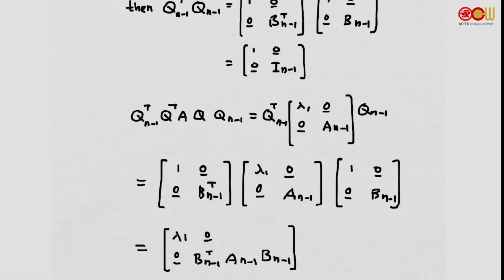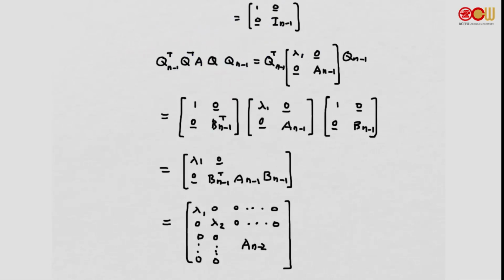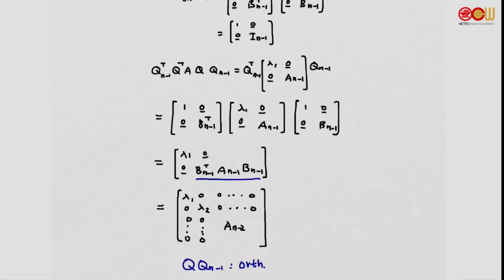So if we multiply it out, we get lambda 1 here, and now at the bottom right corner we get the product of these three sitting here. We already know what these three together would be. It's this one. We plug it in, then this matrix here would now be replaced by lambda 2, 0, 0, 0, 0, 0 on this side, and A_{n-1}. And now we are one more step closer to diagonalization.